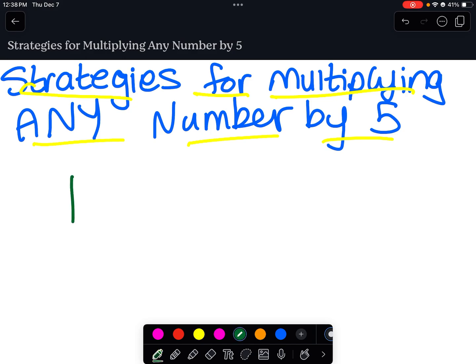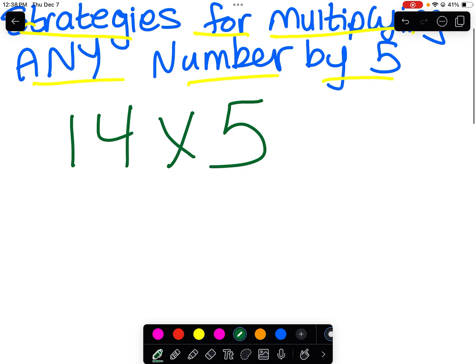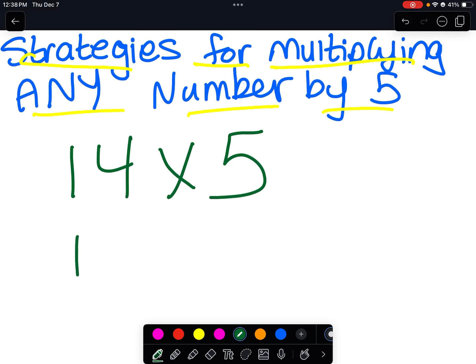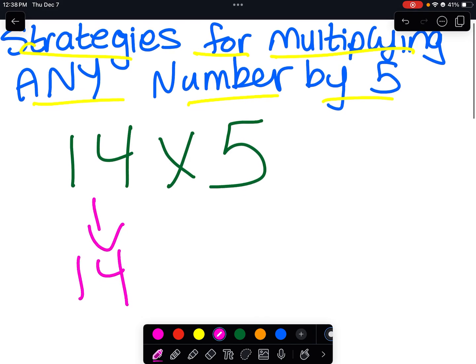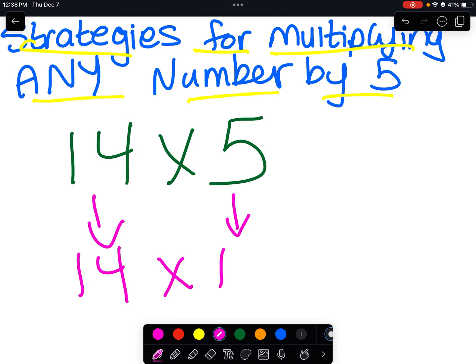Let's do an example. Let's say I have the number 14 and I want to multiply it by 5. Well, there are two easy ways to do this. One is you take 14 and instead of multiplying it by 5, you multiply it by 10, which is 2 times 5.